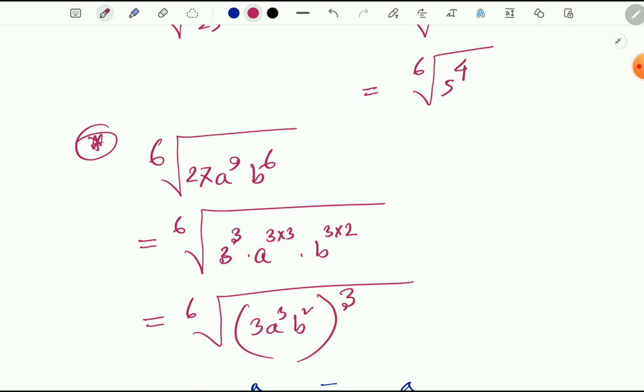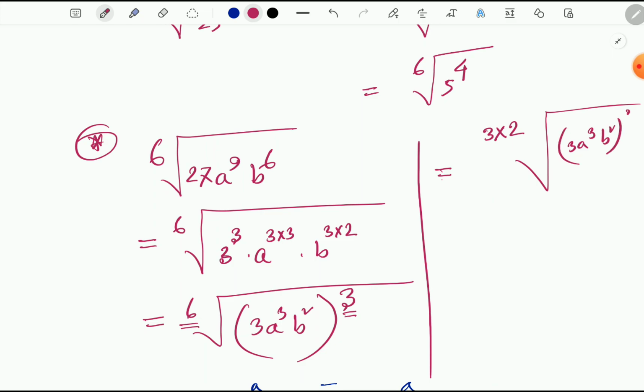Now here we have 3. What if this term can be simplified into 3 by 2? 3, not 3 by 2, but 3 multiply 2. Okay, 3 multiply 2, and inside 3a cube b square whole cube.